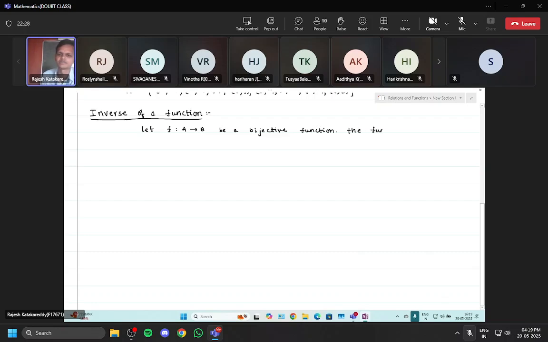The function f is said to be invertible if there exists g mapping from B to A such that g composition f is an identity function.